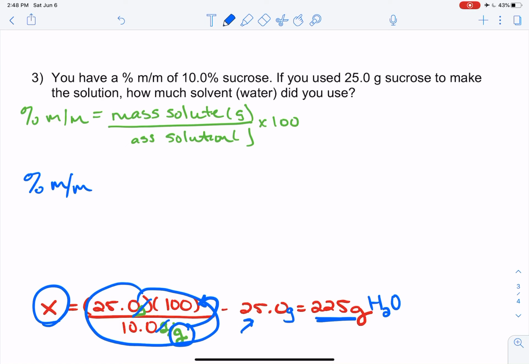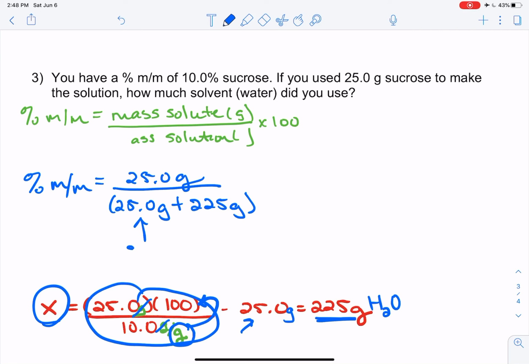So percent m over m, and the mass of our solute is 25 grams, and what we'll have on the bottom is 25 grams plus 225 grams, because this is the solute and this is the mass of the solvent, and we just found that down here, times 100.